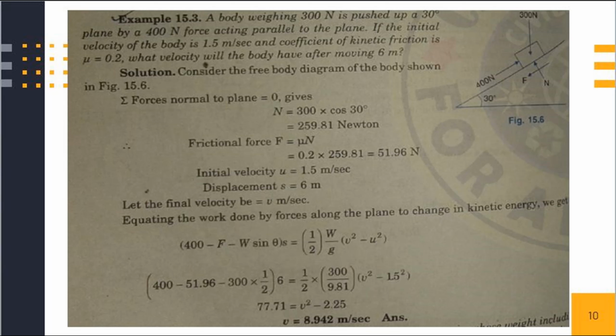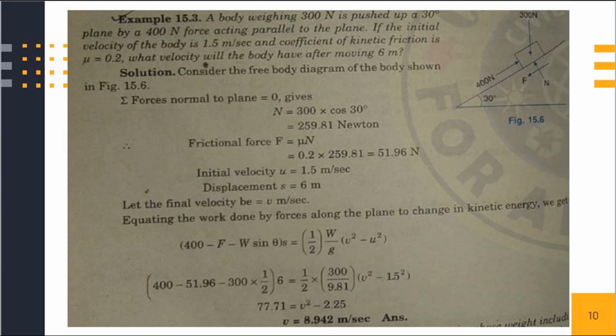Summation of forces normal to the plane is equal to 0. We get N is equal to 259.81 Newton. Since frictional force F is equal to mu into N, we get F is equal to 51.96 Newton. Now initial velocity u is equal to 1.5 meter per second and displacement s is equal to 6 meters.